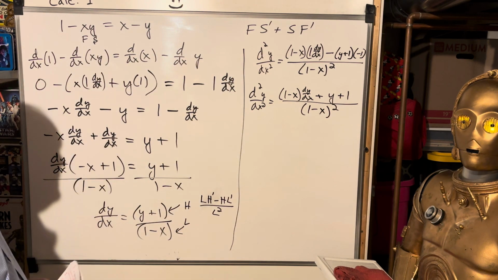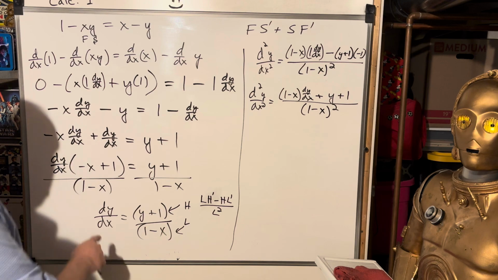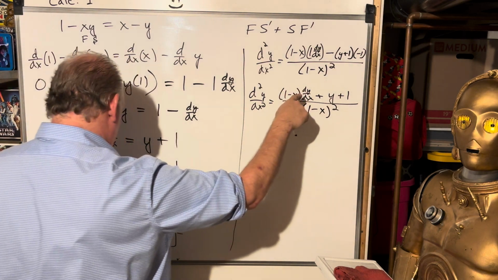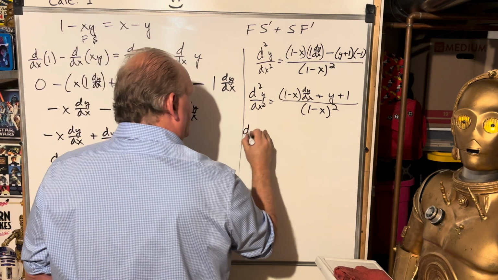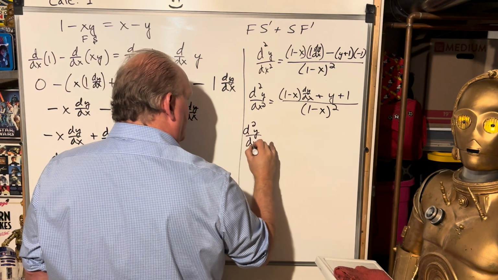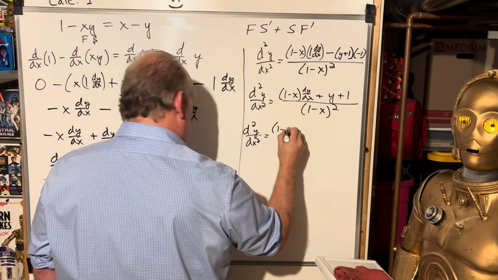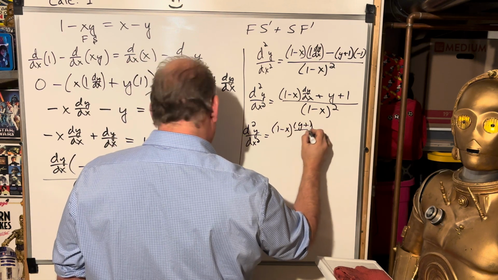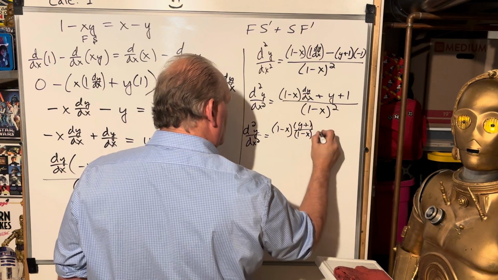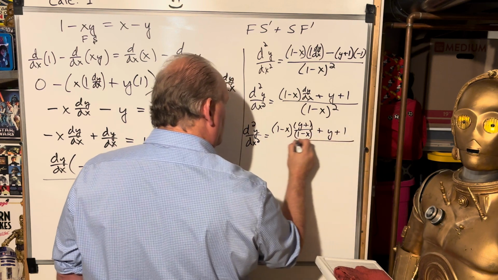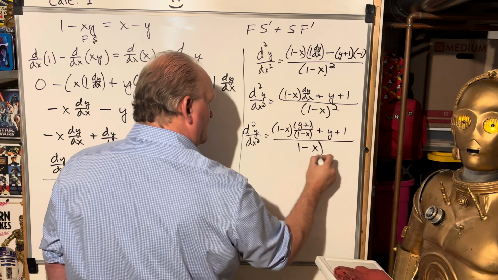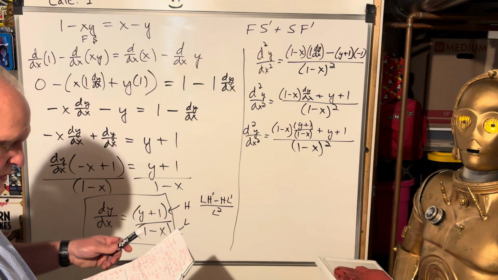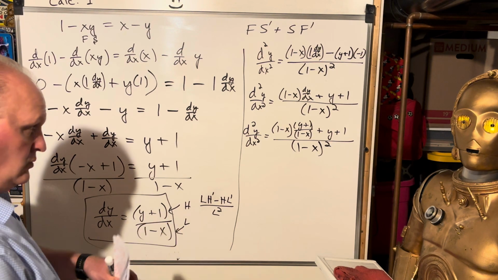And now we can sub in dy/dx. We can take this and put it in right there. And so what do we end up with then? And so those go.